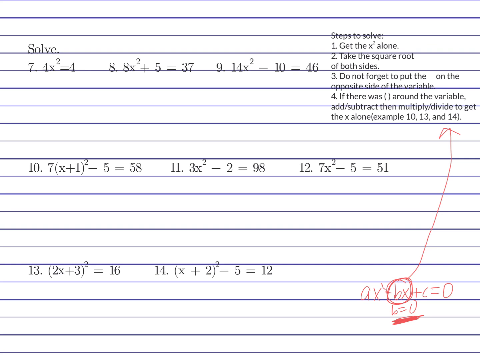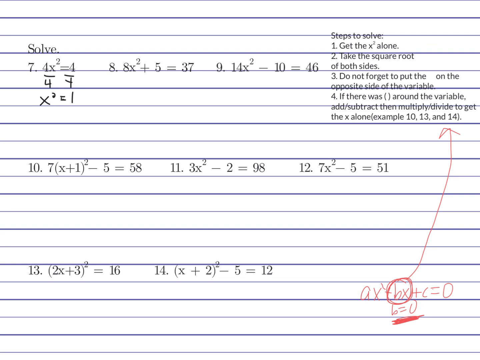Okay. Let's follow the steps on the right. First thing you want to do is get the x squared alone. I am going to divide by 4 to get the x squared alone. So x squared will equal 1. Okay.